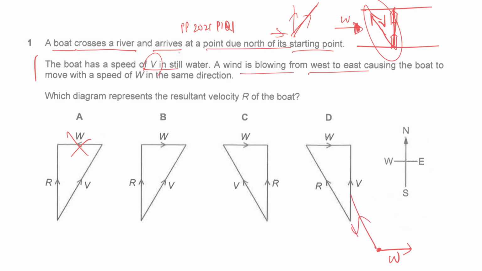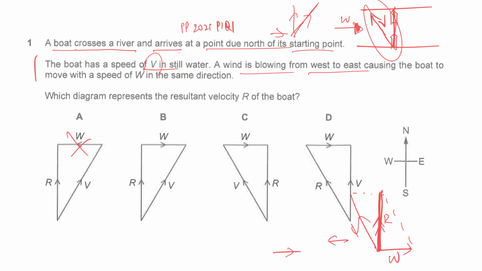Okay, and if that's the case, you complete the parallelogram. It is only then possible that the resultant velocity acting on the boat will be due north, going straight here. Since all the options here are in terms of the tip-to-tail method, I can also redraw. What if I think of it this way?